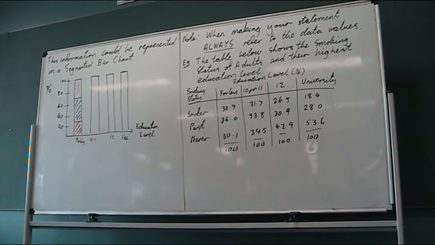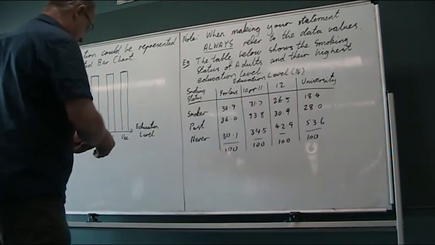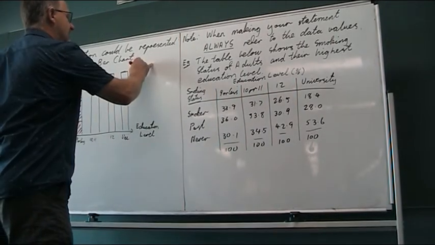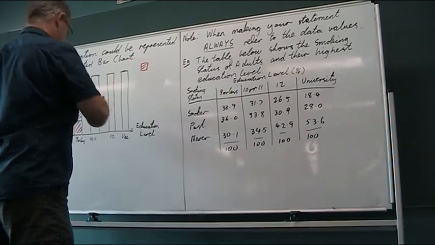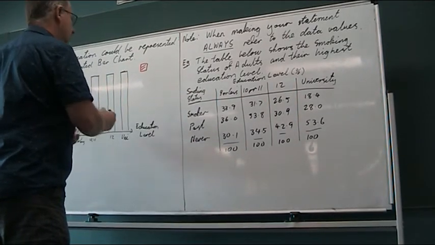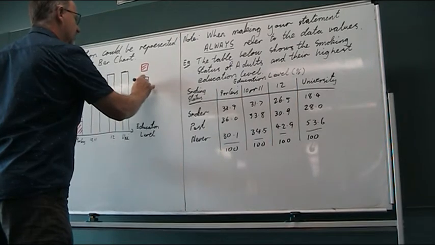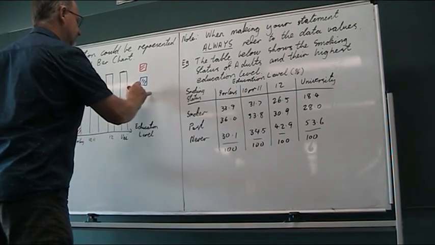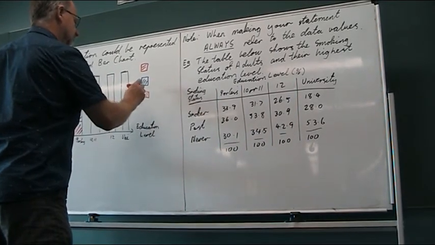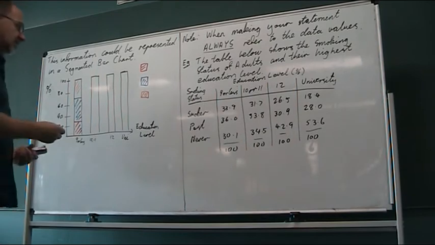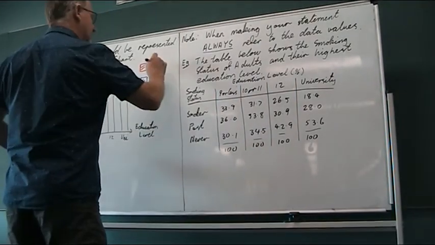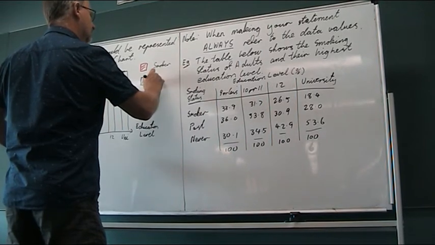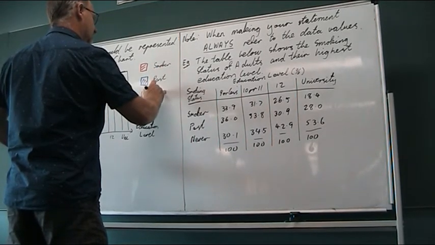So what you would then have over the side here is a key that indicates what each of those segments represents. All right, so what we've got is smoker, past smoker, and never.